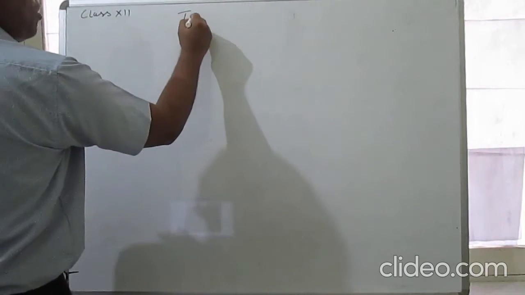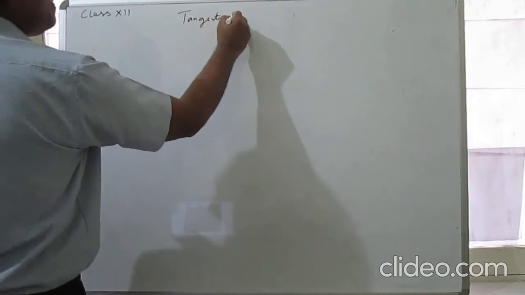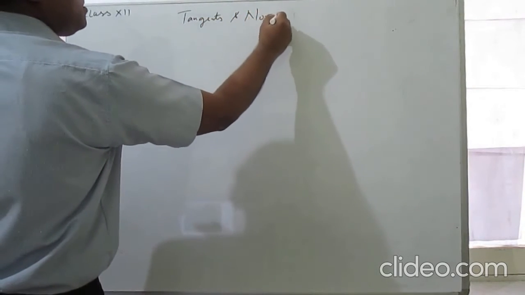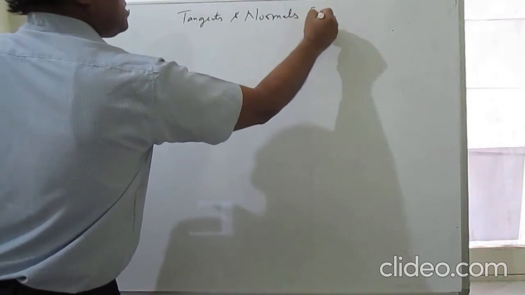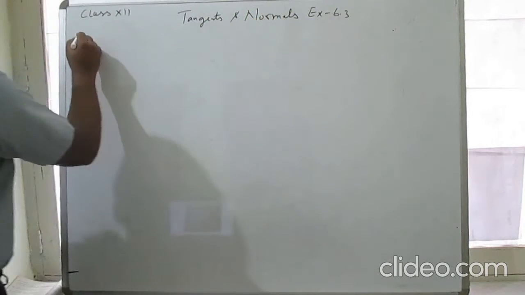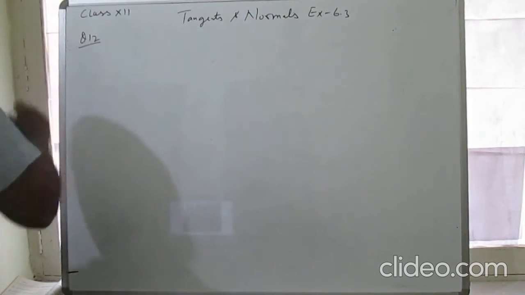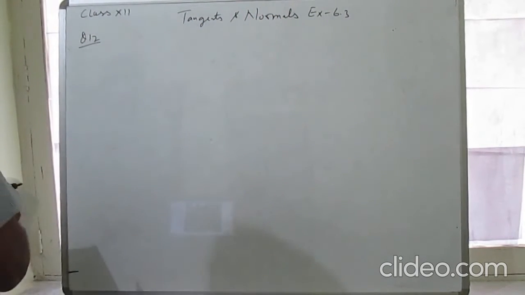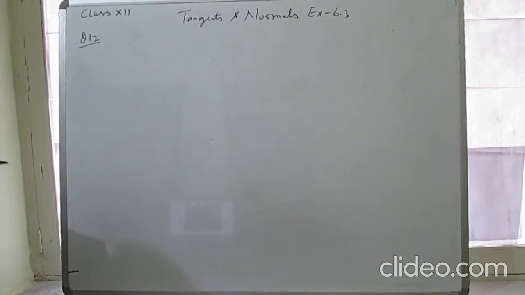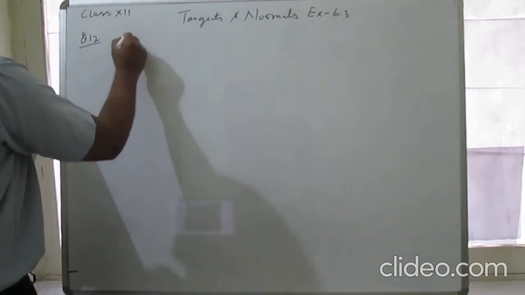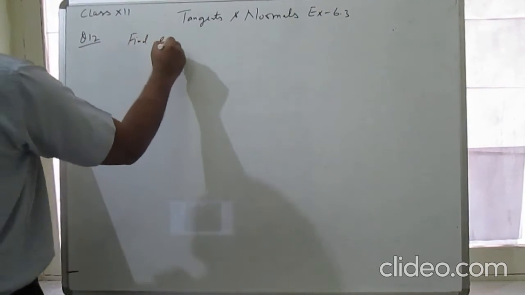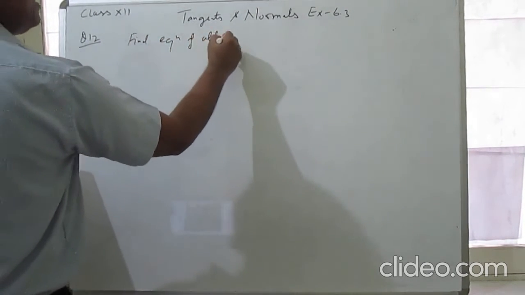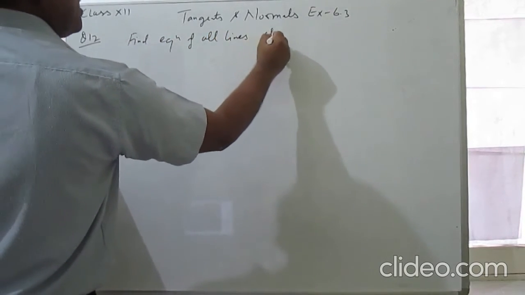Chapter 6, topic tangents and normals, exercise 6.3, question number 12. Find the equation of all lines having slope. Find equation of all lines, slope क्या दिया हुआ है?